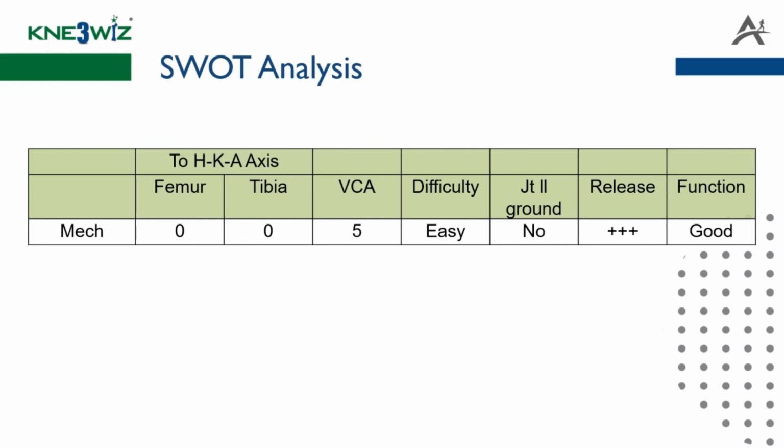In all, we have seen 5 different described alignments for total knee components. Let us look at the strengths and weaknesses, starting with the oldest, mechanical alignment. It is easy to perform with standard instruments, adequate releases are necessary, and the overall function is good and time tested.